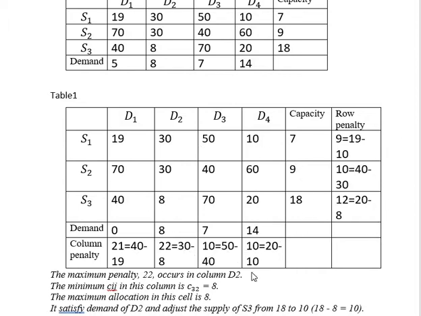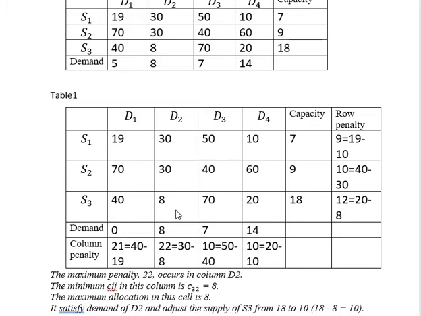Of these penalties, consider the largest penalty. That is, the maximum penalty is 22. That occurs in column D2. Then, in that column, select the cell with the minimum cost. Minimum cost occurs in the cell S3D2.